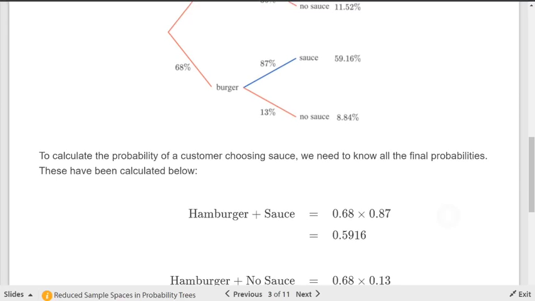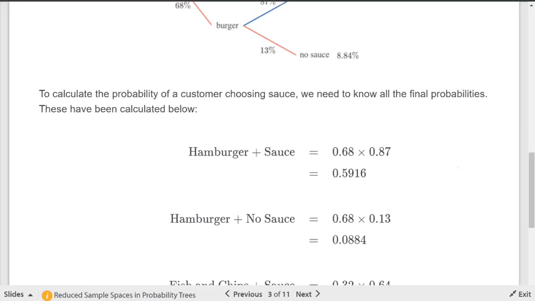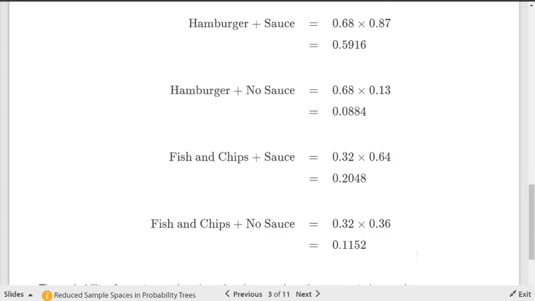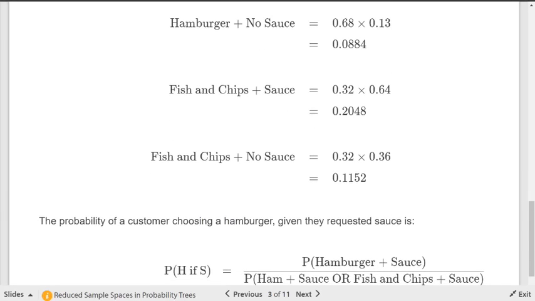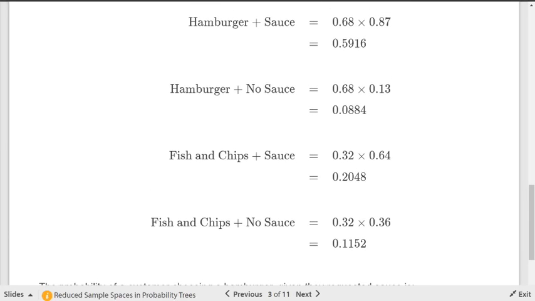Okay? Then, hamburger with no sauce, they give us that one. Fish and chips with sauce, they give us that one. And fish and chips no sauce, so they've got all of those. But we're only worried about the ones that have sauce. So did you really even need the ones that had no sauce?